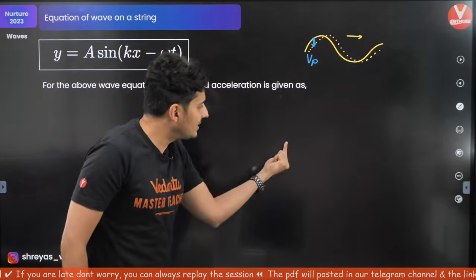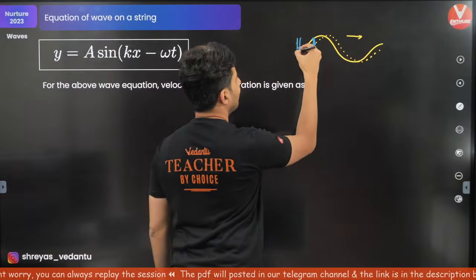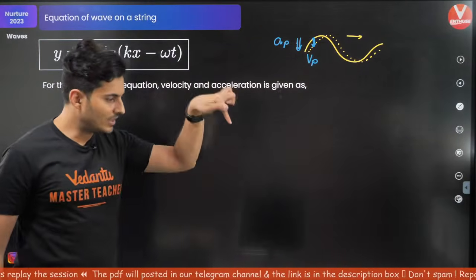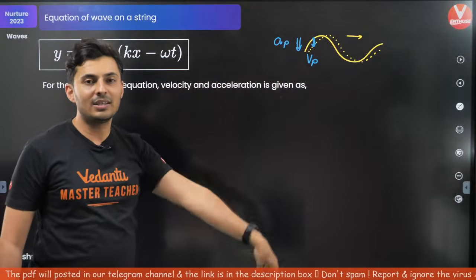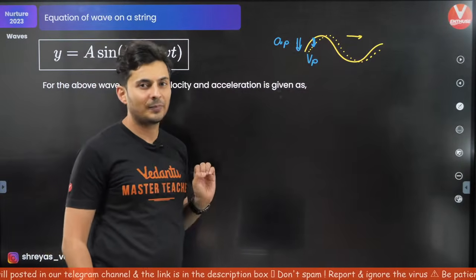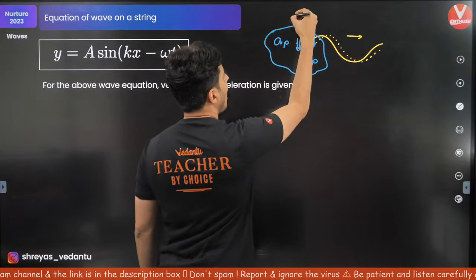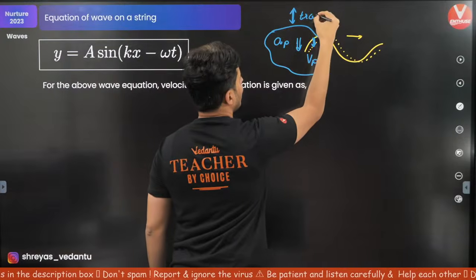And because it changes the direction, changes the speed, it will also have some particle acceleration. The velocity will keep changing, in direction and magnitude. So velocity is also there, acceleration is also there. And these velocities are in the transverse direction.